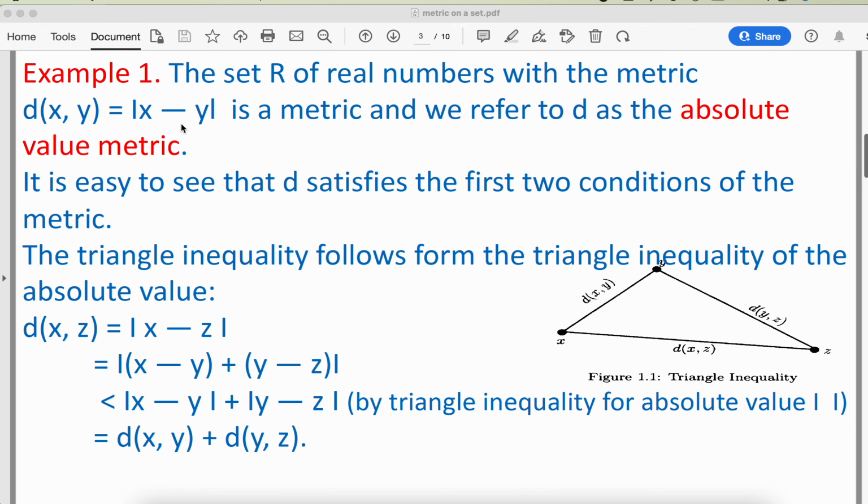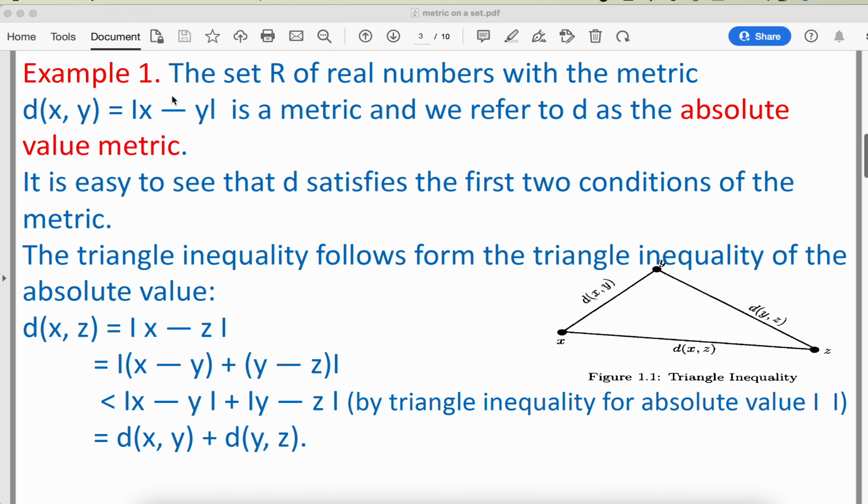First, d(x,y) is greater than or equal to 0; clearly modulus of x minus y is greater than or equal to 0. Second, d(x,y) is equal to d(y,x), and we know that modulus of x minus y is equal to modulus of y minus x. So it is easy to see that d satisfies the first two conditions of the metric.